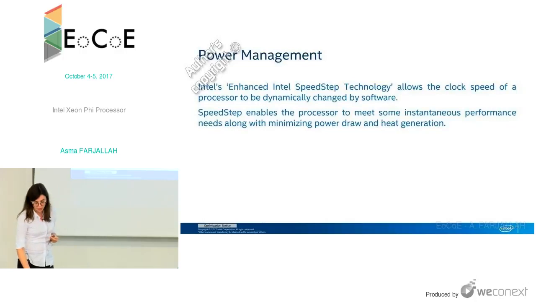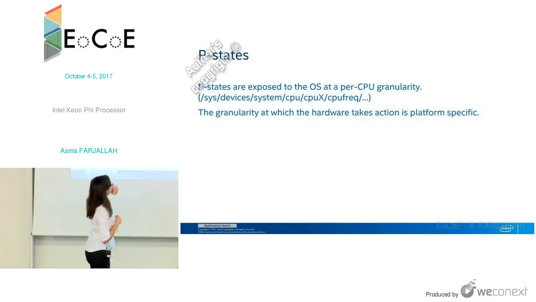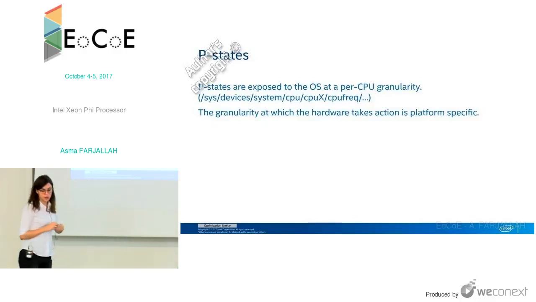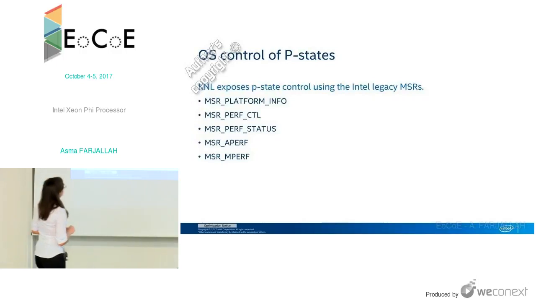So we have the P-state, and it's exposed to the OS using, if you look at the CPUfreq, it's exposed at per-CPU granularity, and it's platform specific. In order to control the P-state, we have the MSRs, the legacy MSRs: the platform info, the perf control, and the status.